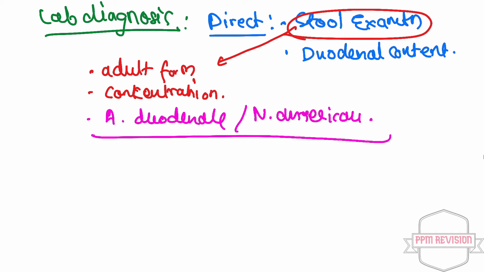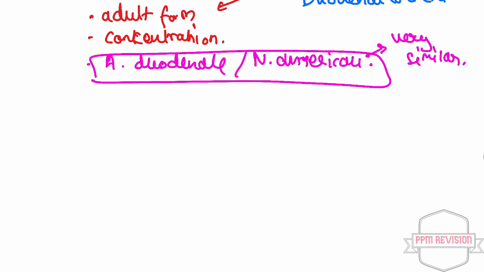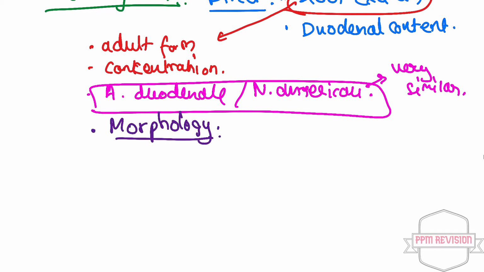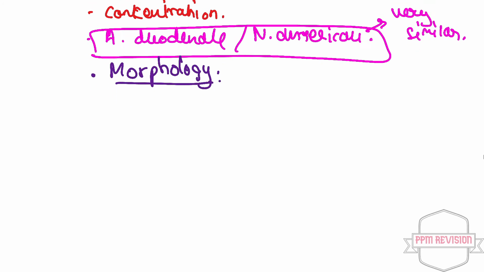They are very similar. This is one point to be noted. The specific diagnosis can be made by studying the morphology of the worms, so a detailed morphology should be learned.